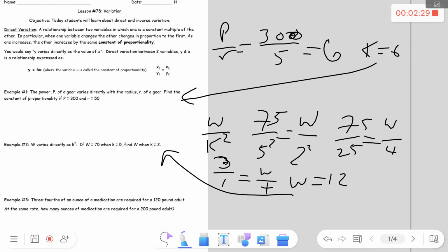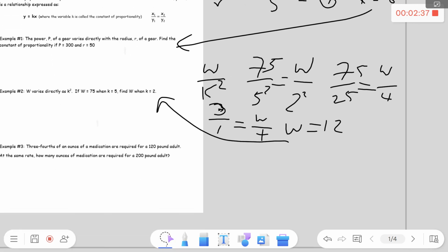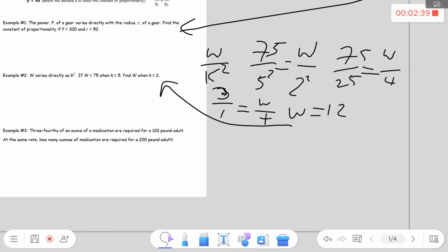All right, now in example number 3, it says 3/4 of an ounce of medication is required for a 120-pound adult. At that same rate, what would the dosage be for a 200-pound adult? Well, if it's 0.75 for a 120-pound adult, how much are you going to give someone who's 200 pounds?